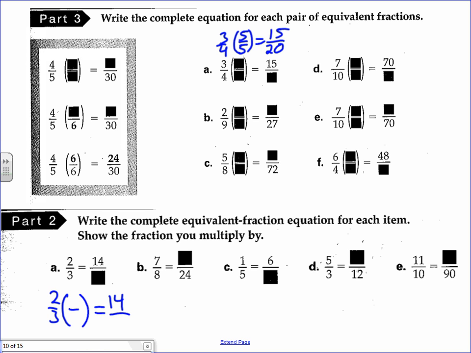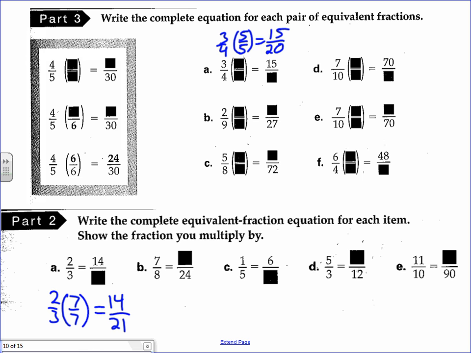So I look at the top and I say, well, 2 times 7 is going to equal 14. Well, if my top number there is 7, my bottom number will be 7. Because this fraction has to equal 1. 3 times 7 is 21. So there we have written the complete equivalent fraction equation for that.